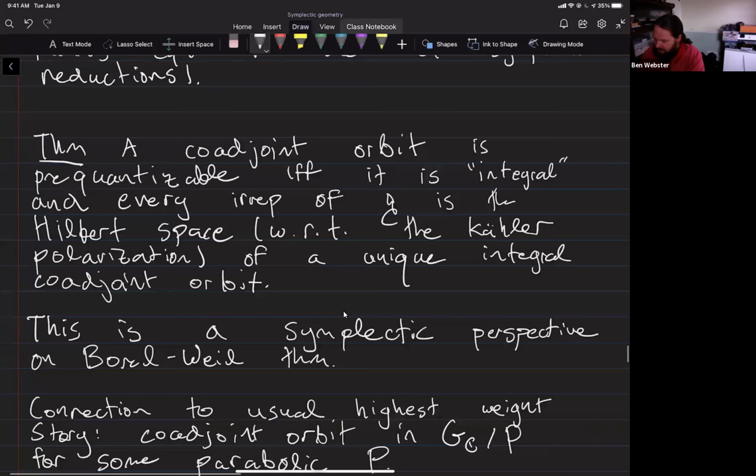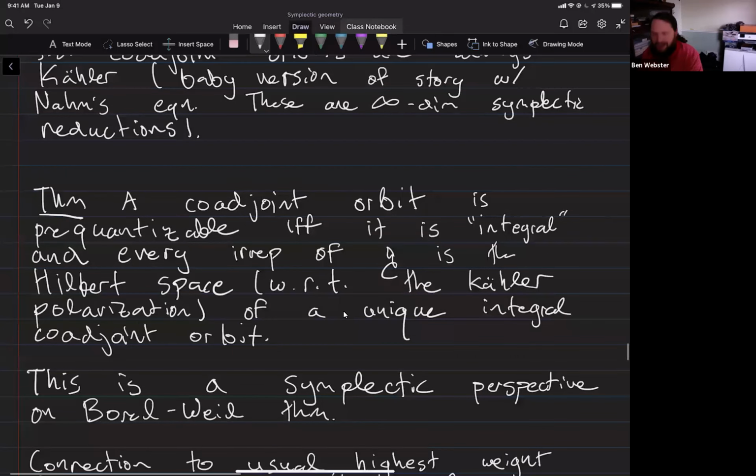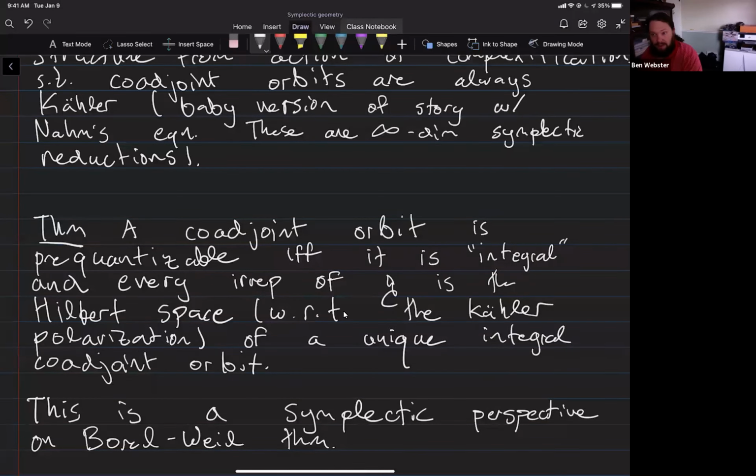And this is basically the symplectic way to state the Borel-Weil theorem. There's a version of this in algebraic geometry, where instead of the symplectic form, you think about the line bundle whose curvature is the symplectic form. That corresponds to the embedding in projective space coming from taking your representation and projectivizing it.